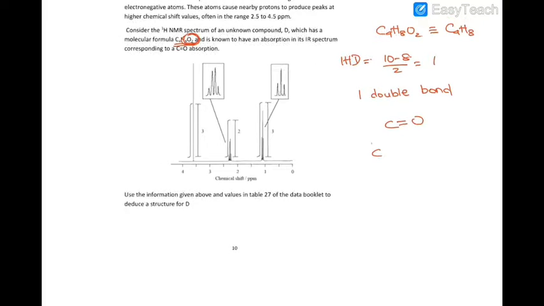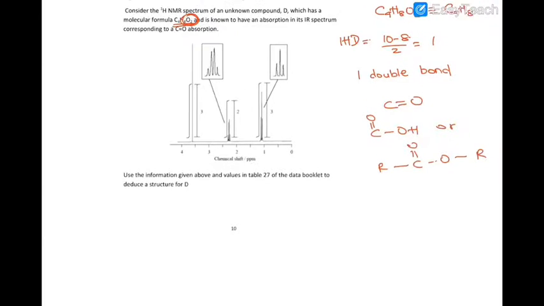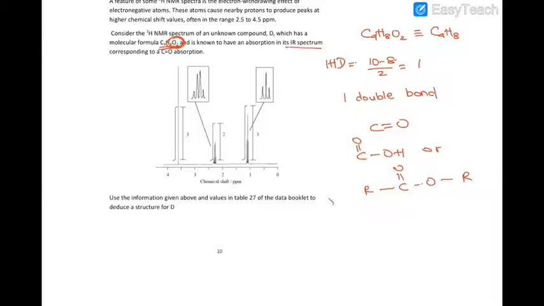So either it's a carboxylic acid or maybe an ester. That's also possible. Now we can start interpreting the NMR. Also there is an IR peak at C=O, so it confirms either of these 2.